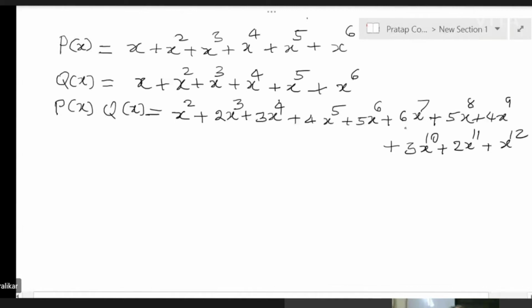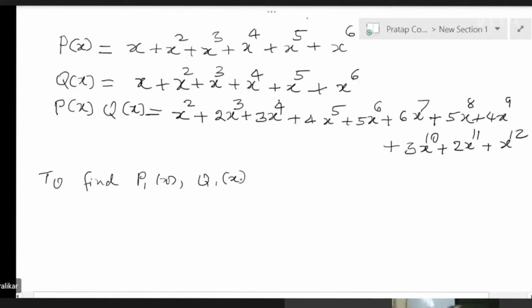Now to guess that, what we do is, we know the product now of Px and Qx. So what do we want to find? We have to find P1x and Q1x, they will tell me which numbers come on the faces of those two dice, such that P1x into Q1x is equal to Px into Qx.